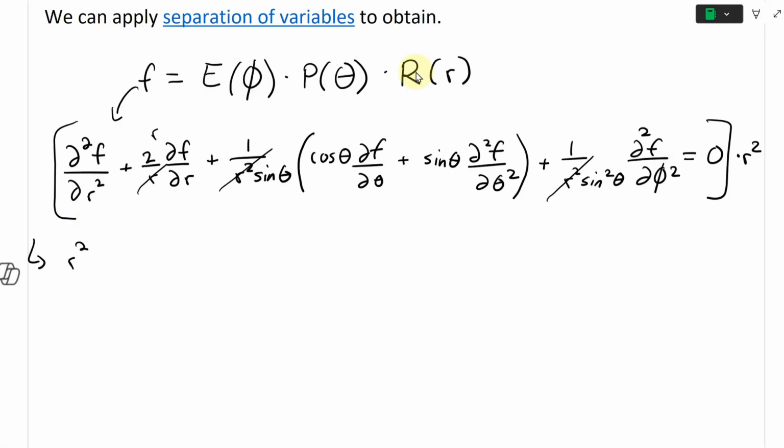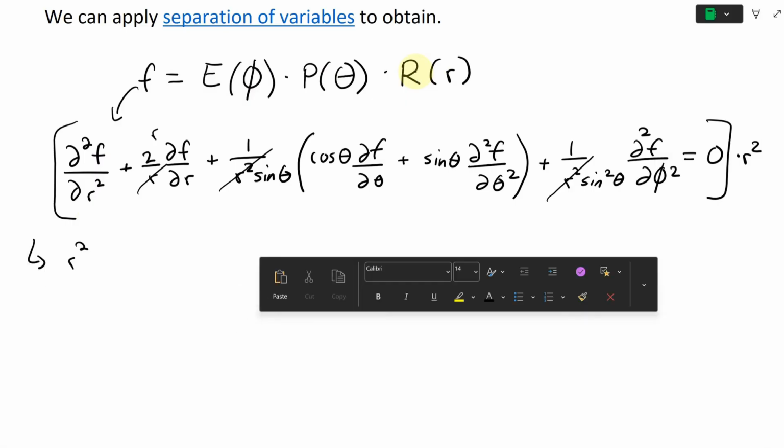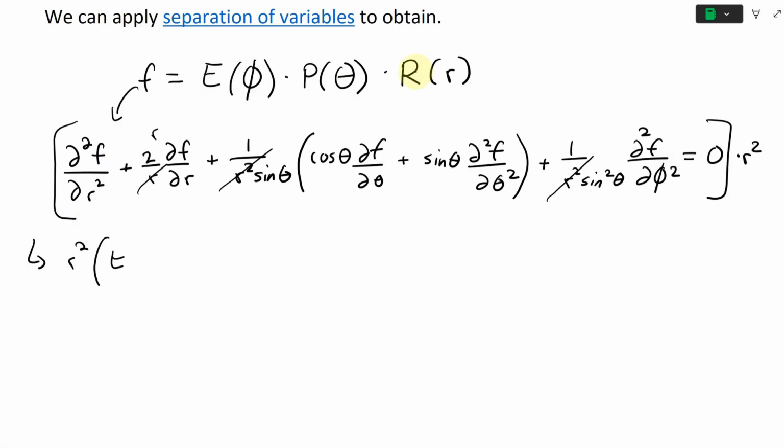Our f is equal to E times P times R double prime. This is just the second derivative of R multiplied by these. These are treated as constants when we're taking the partial derivative of f in terms of r. So we just set the other ones as constant.